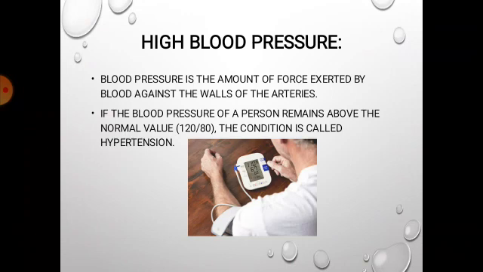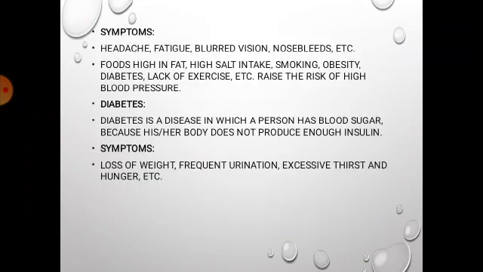If the blood pressure of a person remains above the normal value, 120 to 80, this condition is called hypertension.